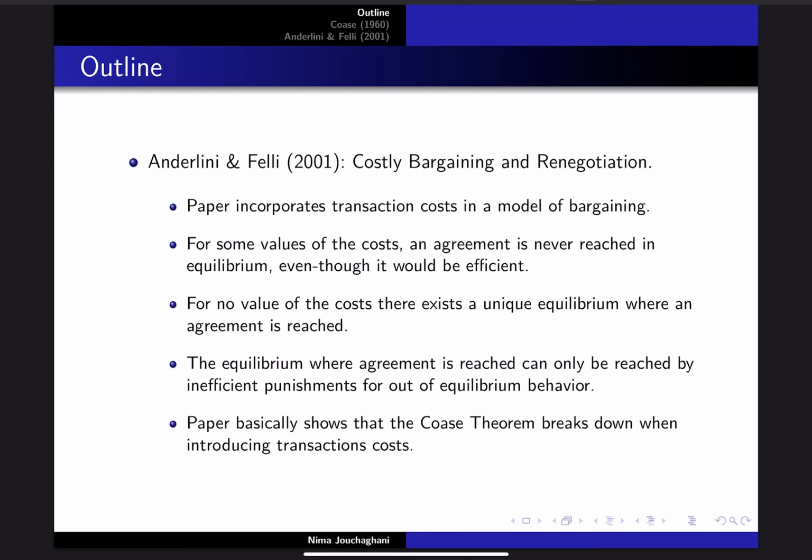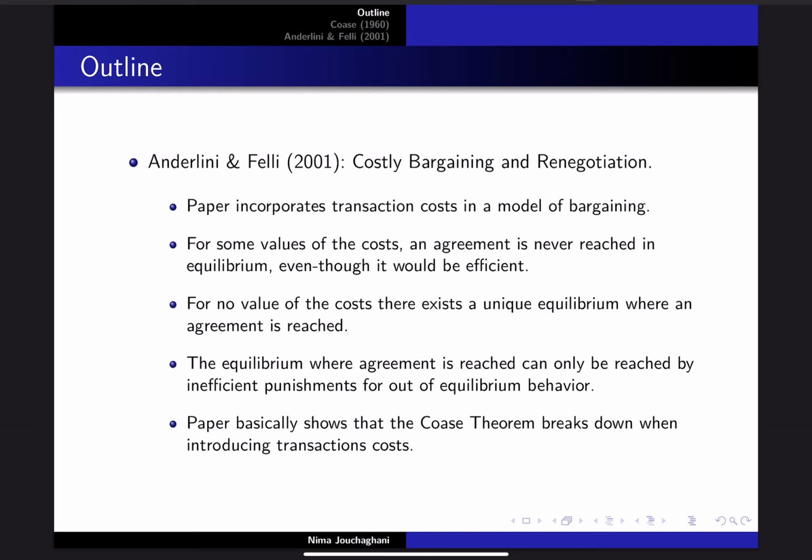Next, what they find is that this equilibrium where agreement is reached and which is efficient can only be reached via inefficient punishments for out-of-equilibrium behavior. So basically this is telling us that on the equilibrium path, everything is fine, but once one of the participants deviates and does something different than the equilibrium behavior that we are imposing, the punishment by the other party is inefficient, which is very unreasonable if you're looking for an efficient equilibrium.